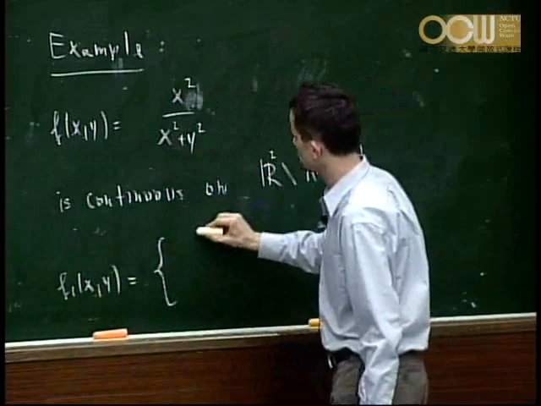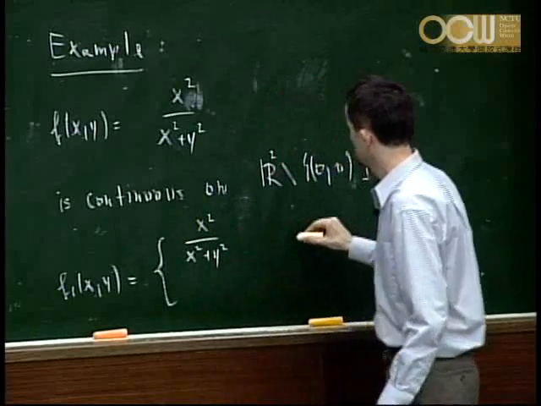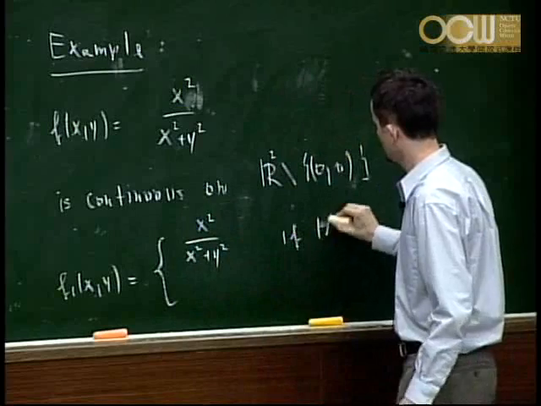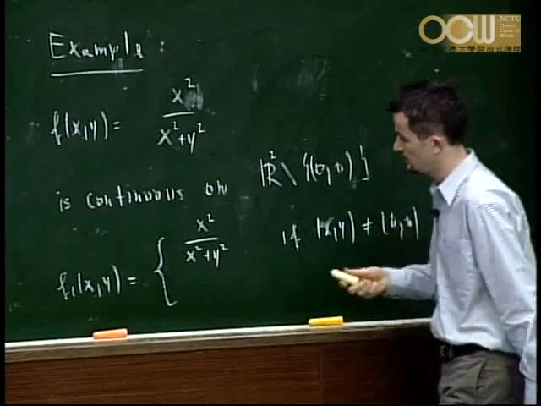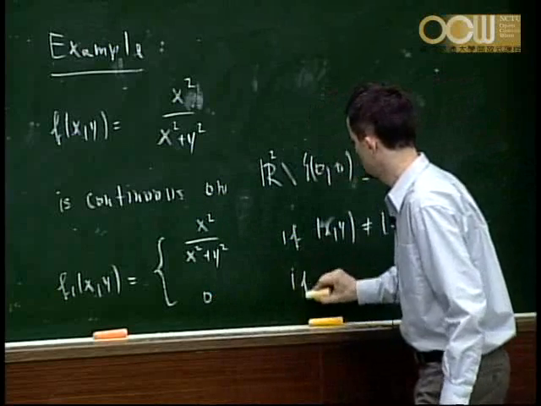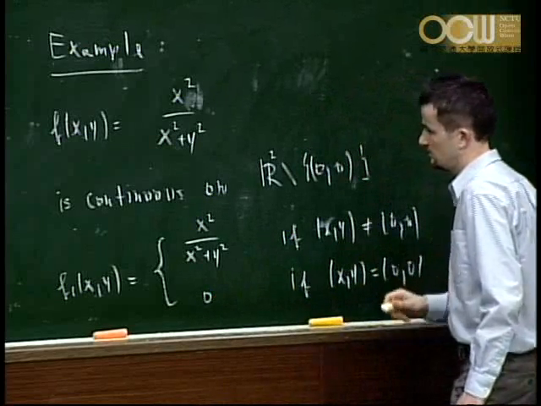If you look at more complicated functions, like the same function x squared over x squared plus y squared if (x,y) is not equal to (0,0), and 0 if (x,y) is equal to (0,0).